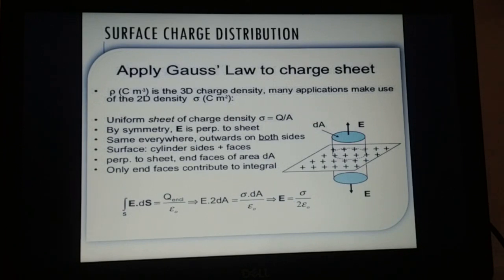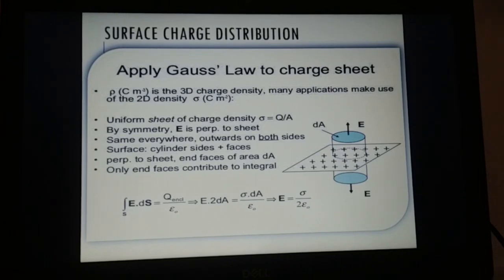So that is the method of finding electric field intensity using Gauss theorem. So this is the electric field intensity of an infinitely thin sheet of charge, that is E is equal to sigma by 2 epsilon 0.